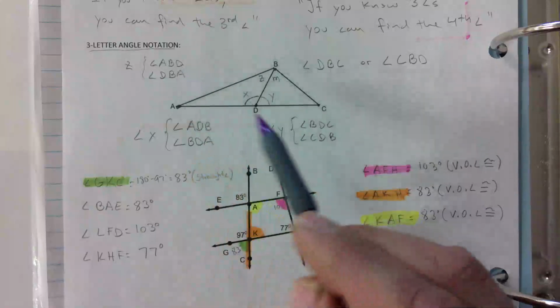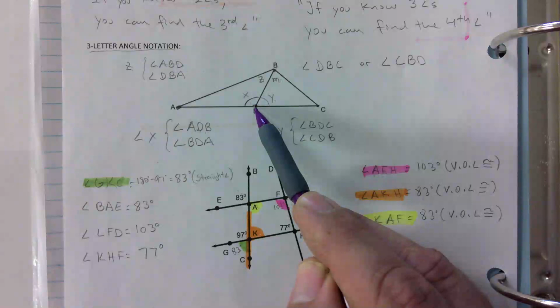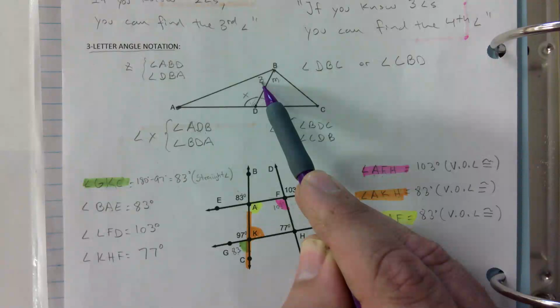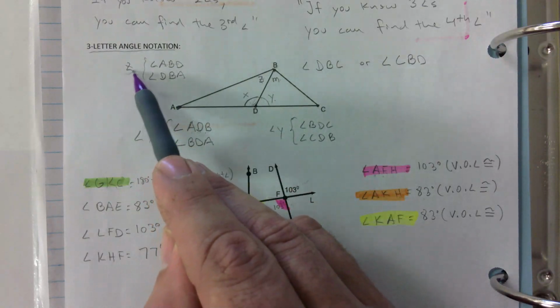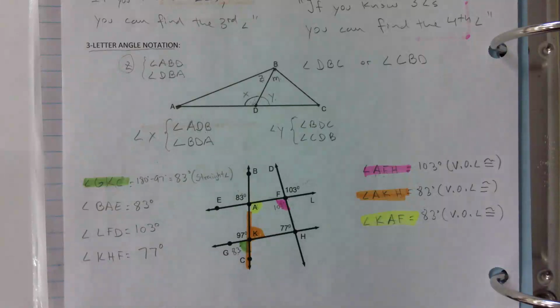Angle ABD. Just read it the way it says. ABD. So it's that angle that is formed by connecting the three points. I call it Z here on the example. So go ahead and do this so that once and for all, you can get rid of the three-letter angle notation and just focus on the angle that you're trying to find, okay?